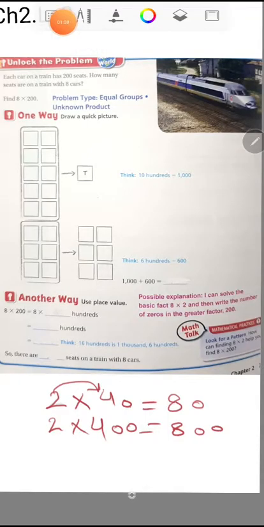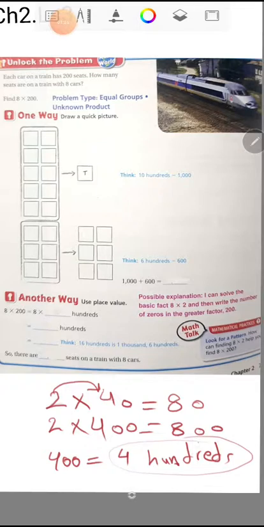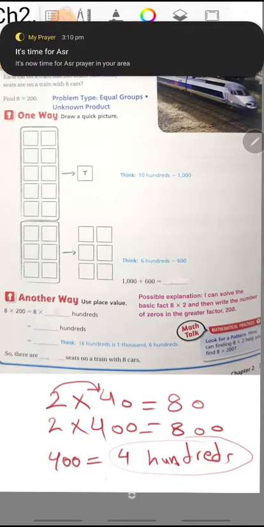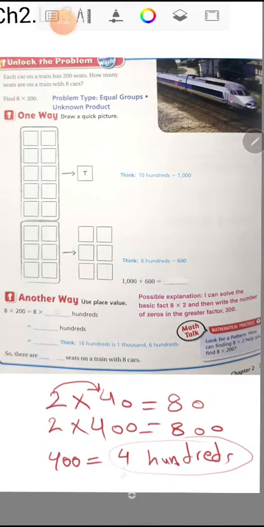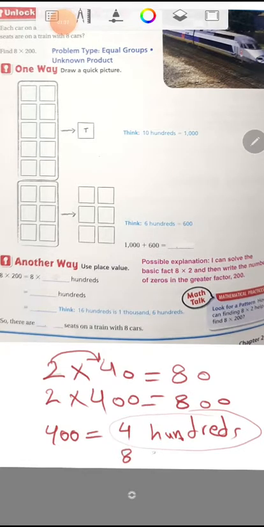Now if I have this 400, I know I can write this 400 as a word. Also, if you want to multiply 2 by this 400, the answer was 800, because I will multiply 2 by 4. So the answer will be 8. But 8 what? Right here.